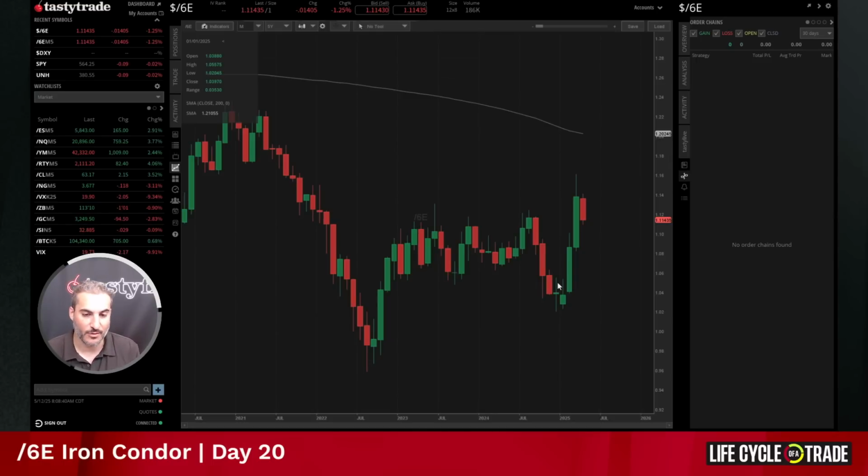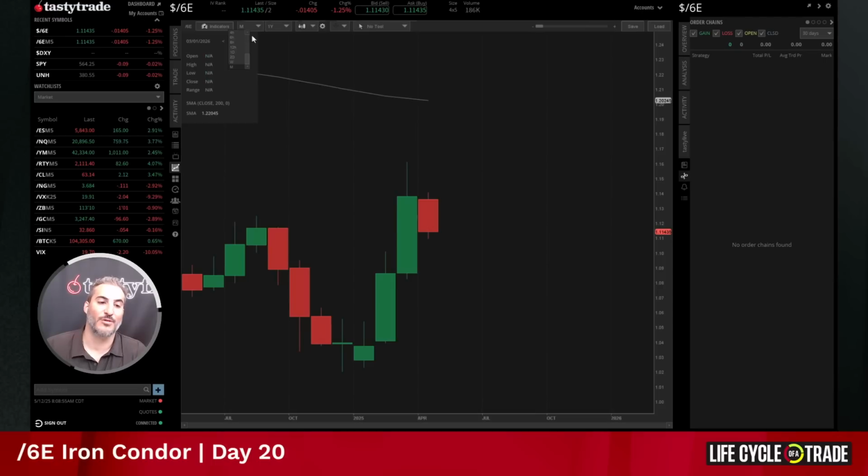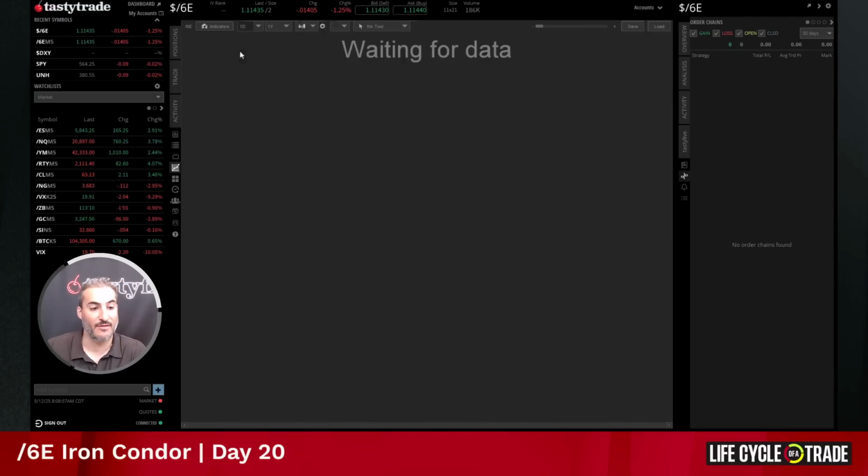And so we're kind of getting back to the range it's been in over the last couple years, the 110-ish range, kind of being that line in the sand. So the euro overall has had a nice little dip, which has led us to a nice little profitable trade here.